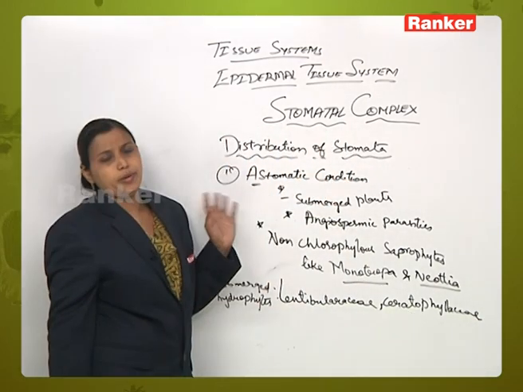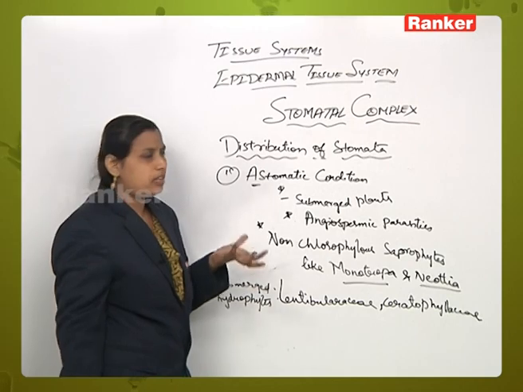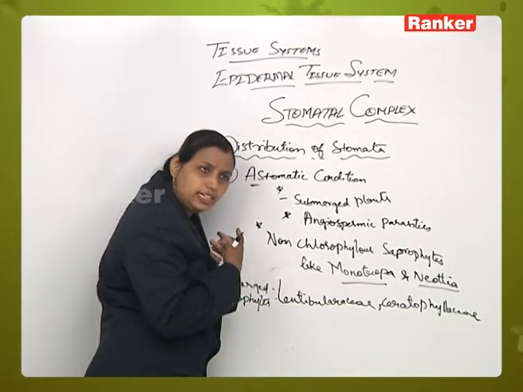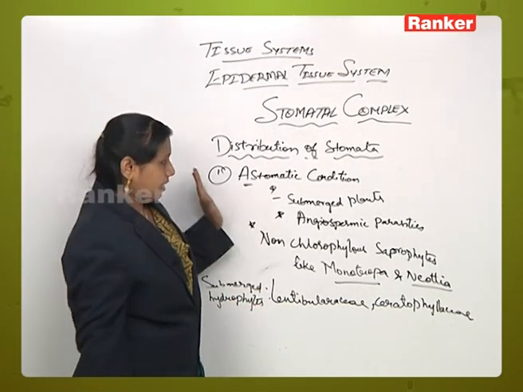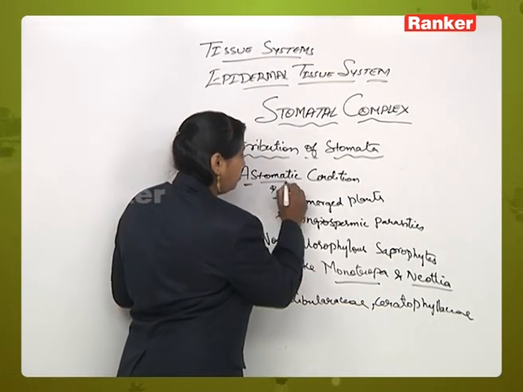Basically, astomatic condition means a plant body which doesn't have any stomata in its aerial parts. Okay, this is about astomatic condition, the first one.